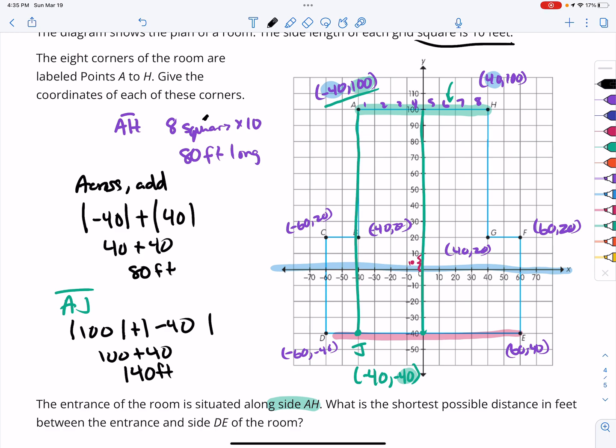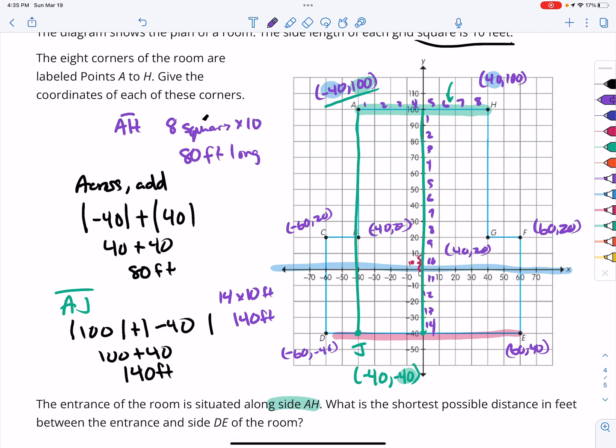So if we wanted to count, we could check and see and do that again. 1, 2, 3, 4, 5, 6, 7, 8, 9, 10, 11, 12, 13, 14. So we have 14 grids, and each one is 10 feet. So that must mean it is 140 feet. So we got the same answer.